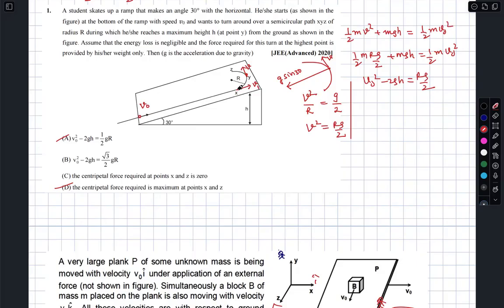So therefore, at v1, very clear, the centripetal force required is maximum when compared to at y. Out of x, y, z, x and z are similar points. So therefore, we require maximum centripetal force at that point.